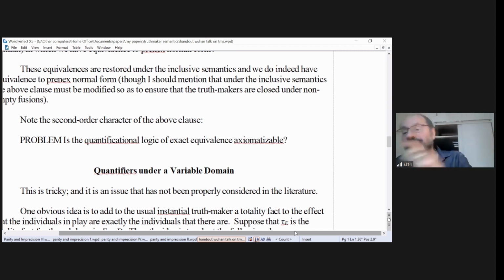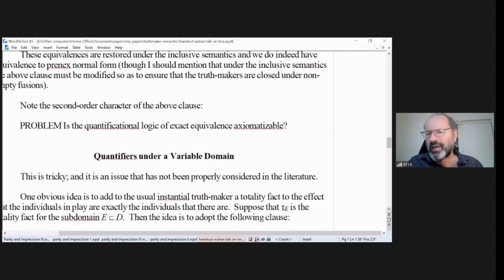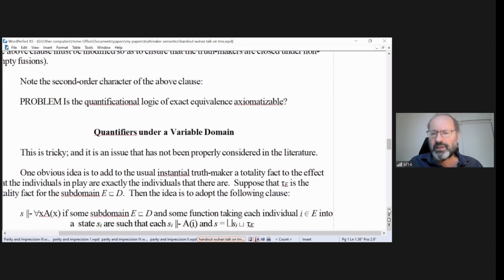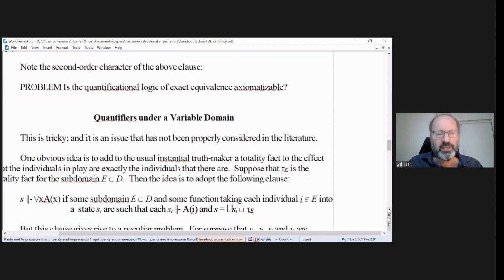So the instantial fact, that conjunction, the fusion of states that verify the instances, is made to depend on what the totality fact is. So I've given the clause here. This all needs to be worked out, because in the state space you need these totality facts and that sort of thing. The details need to be worked out, but this is the essential idea.